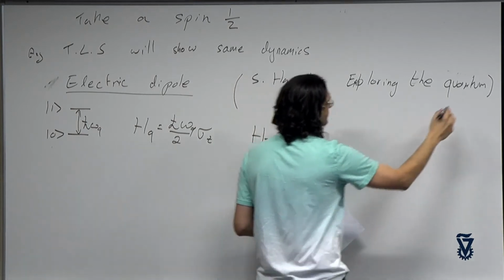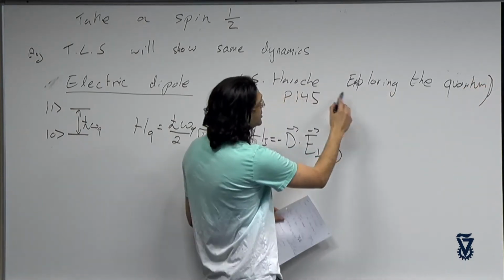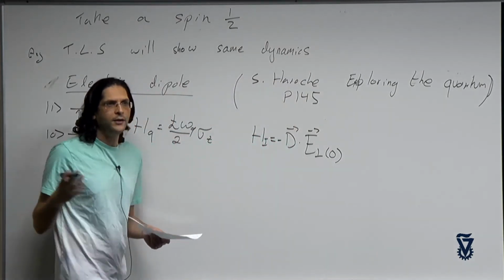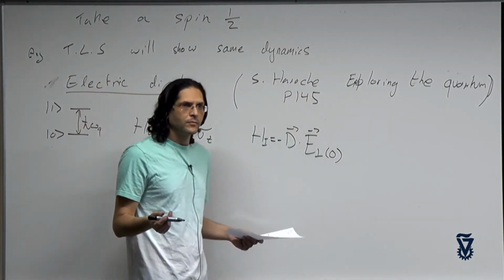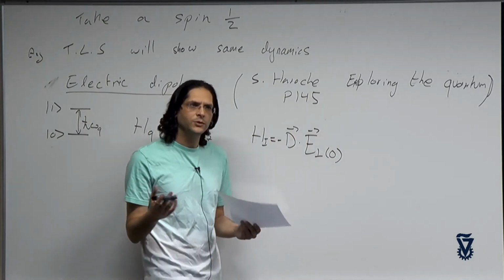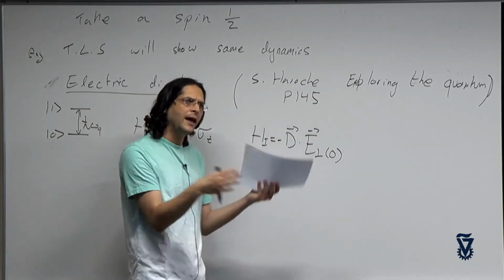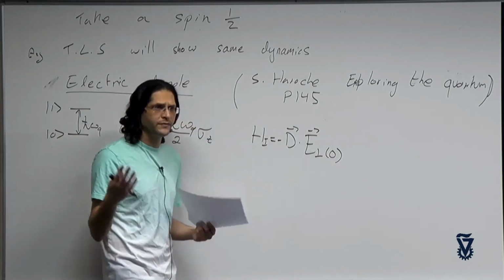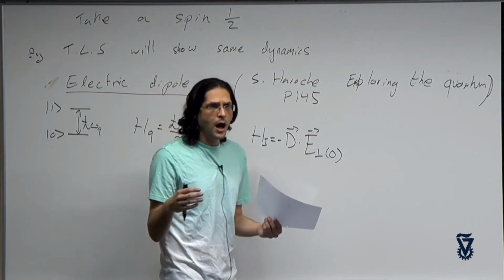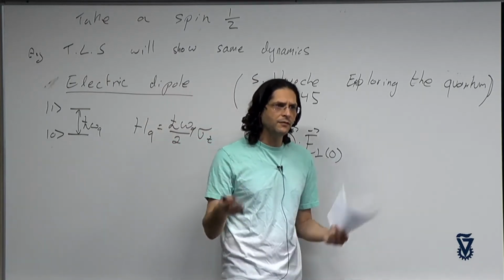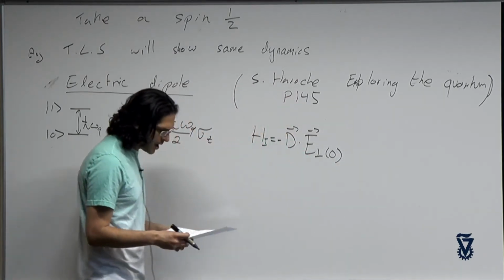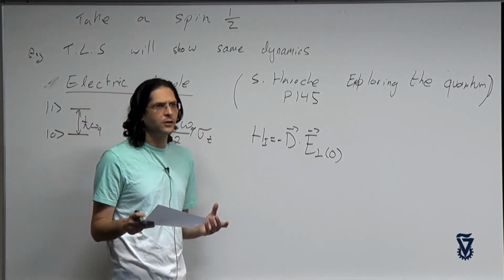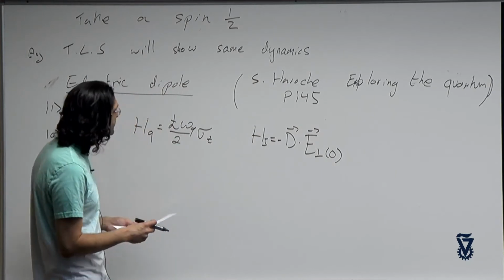This book in general is highly recommended reading. Please read chapters 1, 2, and 3. Chapter 3 mostly regards what we're doing here, interactions of atoms and electromagnetic fields. Chapter 2 is very instructive to learn about quantum measurements and the environment and things like that. So please read that book, or at least those 3 chapters. They'll be very instructive and enlightening for you.